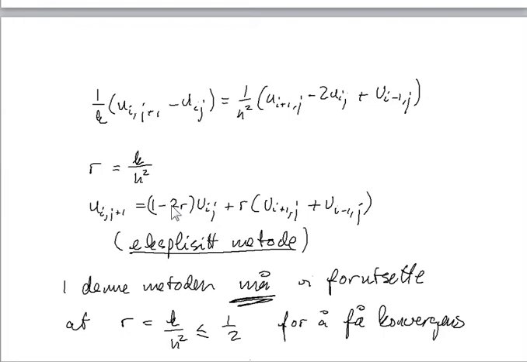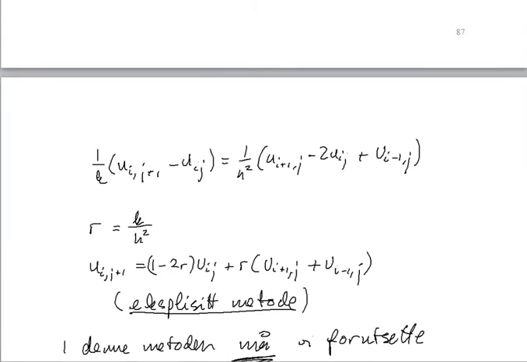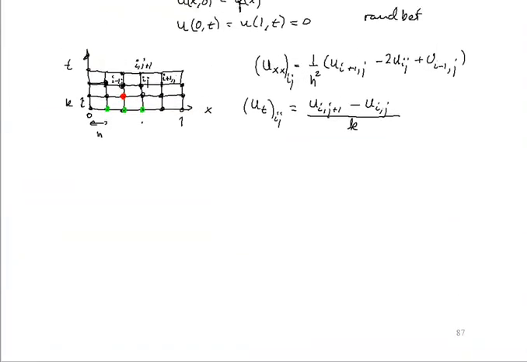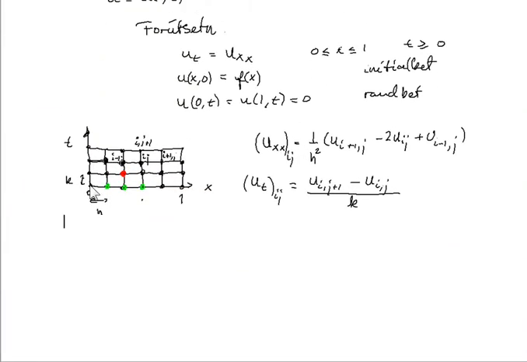By using this discretization equation, we get a method for solving the parabolic equation which is rather trivial. It's called the explicit method. Let's just show how this is done. It's very simple. We note here that we have this way of discretizing the problem, h in this direction and k in this direction.